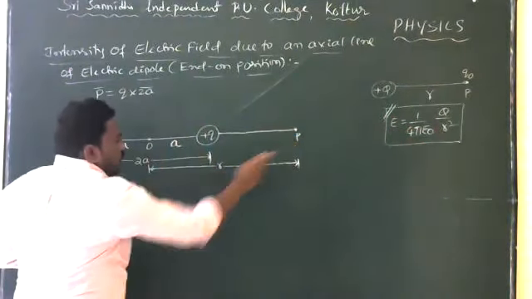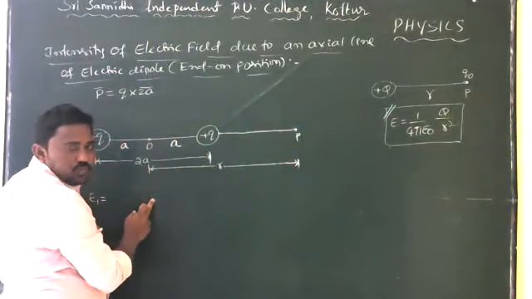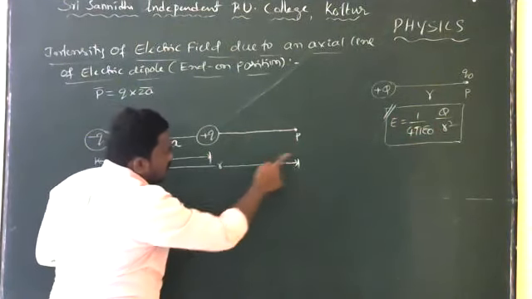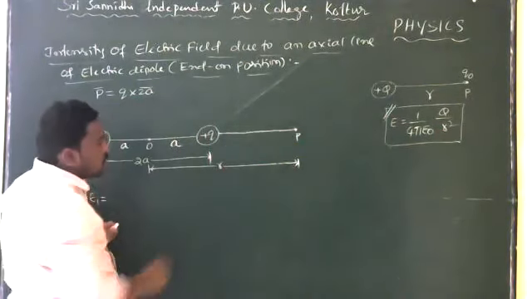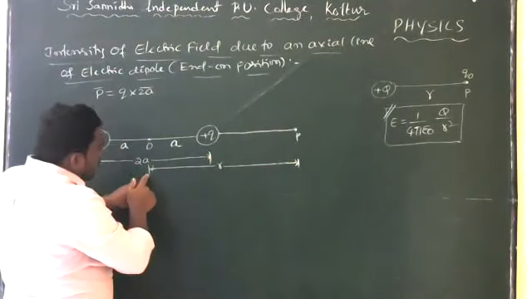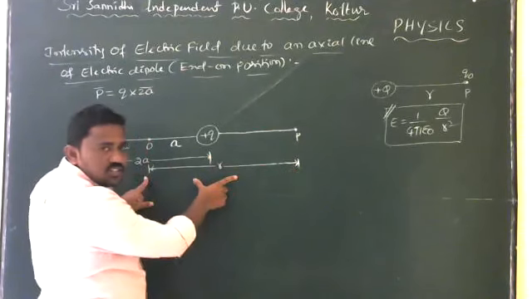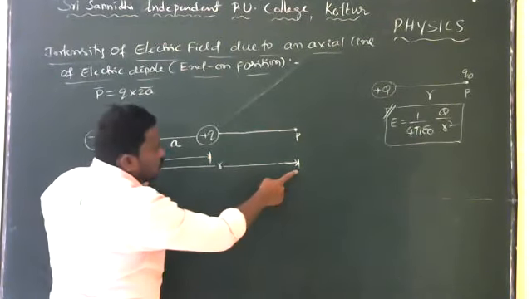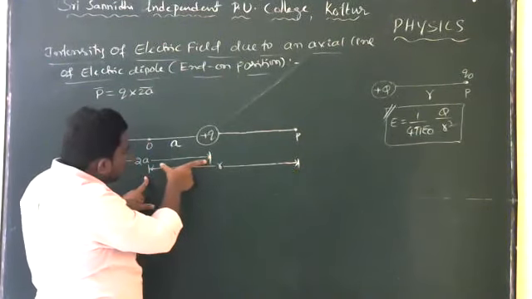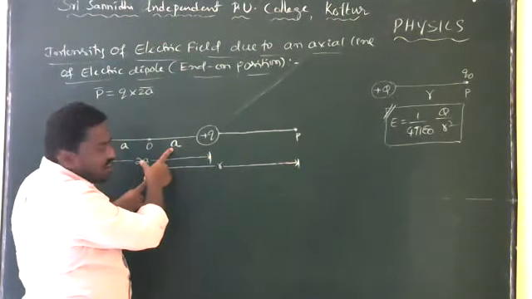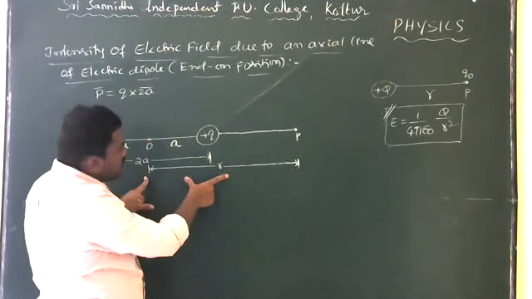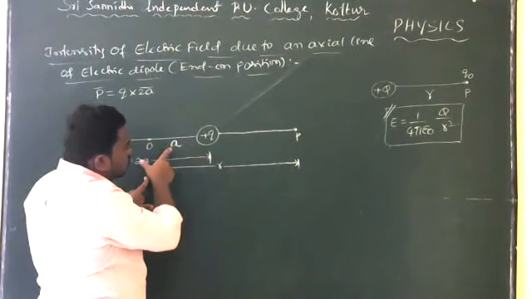Here P is a point at a distance r from the center of the dipole. Next, what is the distance between plus Q and P? Now we can calculate this distance. This is very important. The center of the dipole to P point: what is the distance? r. Next, the center of the dipole to plus Q charge: what is the distance? a.